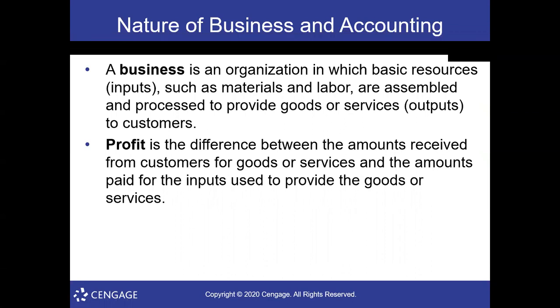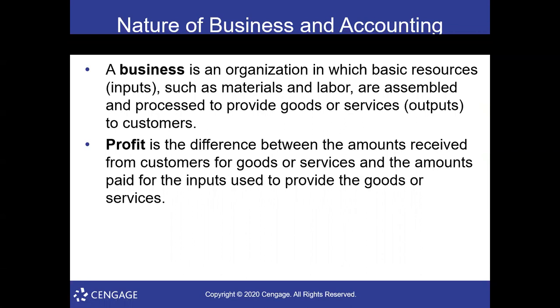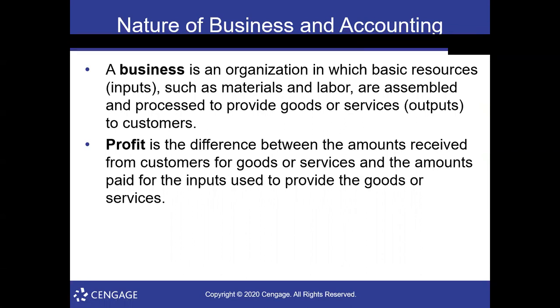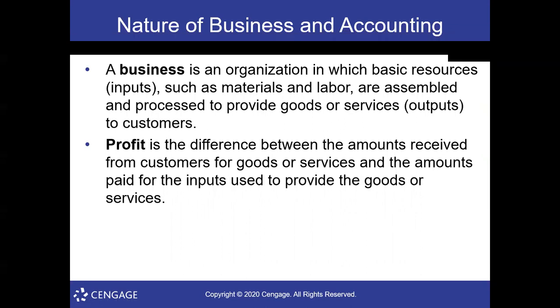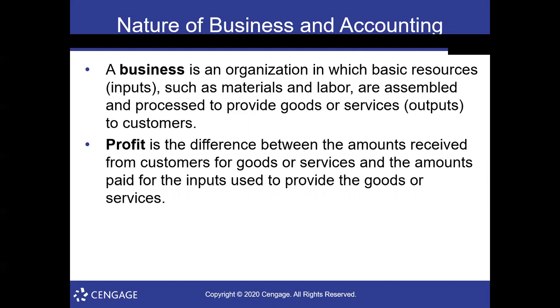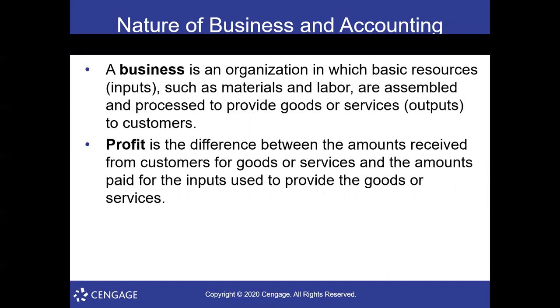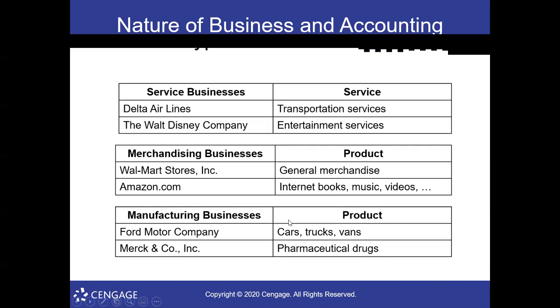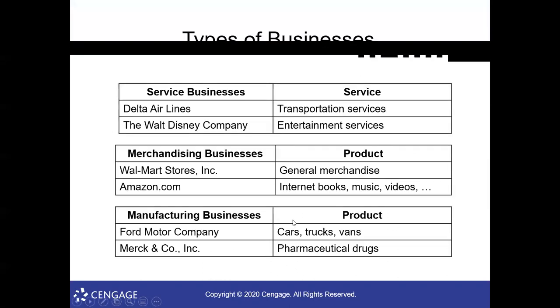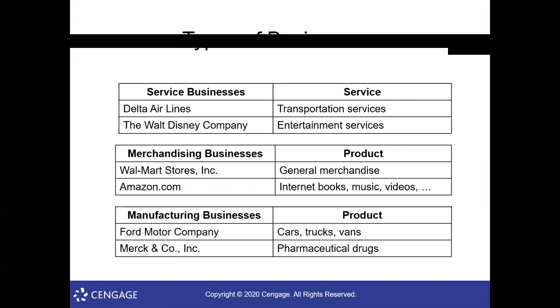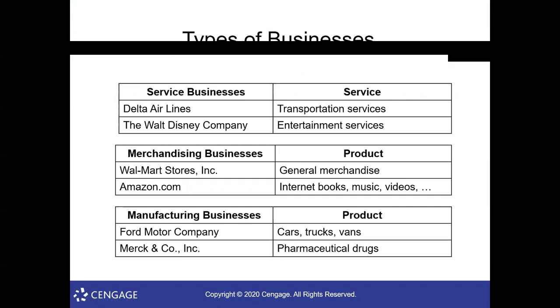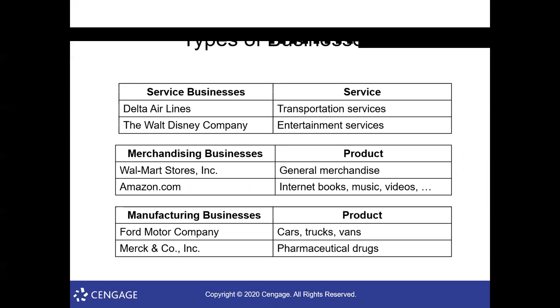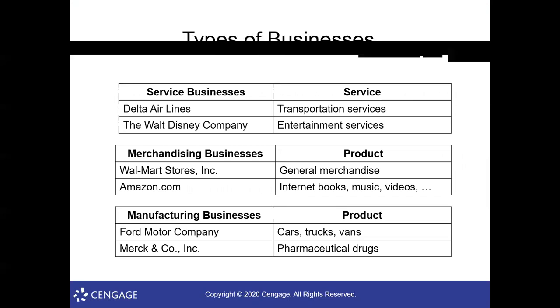So these are all businesses that are going to produce a good or service from raw materials and labor in order to make money for profit. So those types of businesses include Delta Airlines, Walmart and Amazon, Ford Motor Company. All of these are well-known for-profit entities.